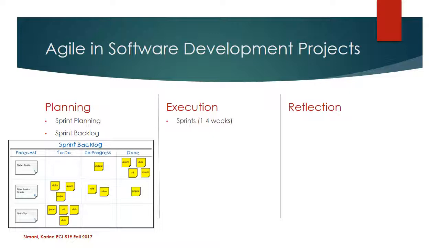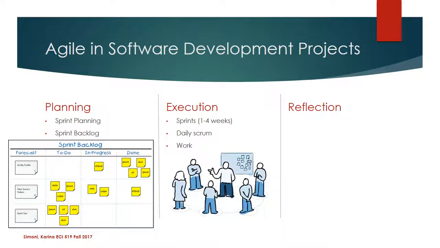Again, these are either 1 to 4 weeks, and as we go through these sprints, again, we're going to have a daily Scrum. This should be no longer than 15 minutes, and it's the whole team in there without the customer. And we're talking about what did we do yesterday, what do we do today, and does anyone need any help? Finally, during the sprint, this is when the actual work gets done.